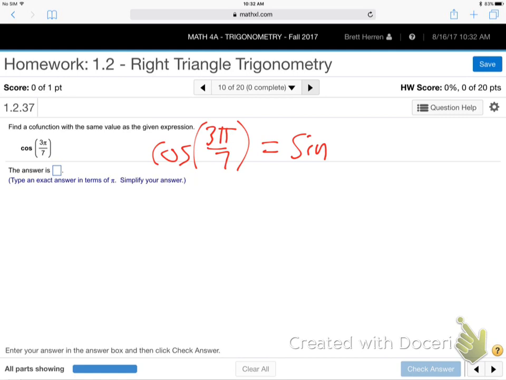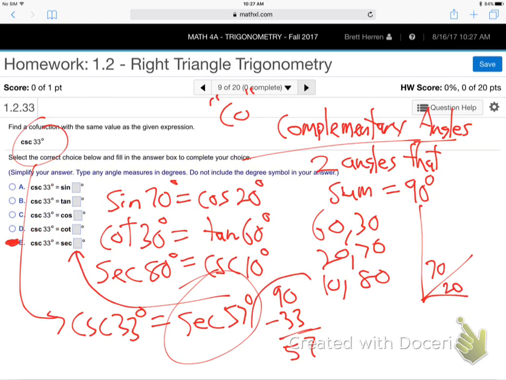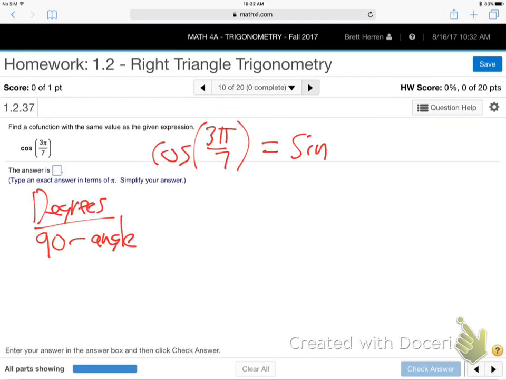Radians are always more difficult, huh? If it was degrees, I would subtract from 90. For degrees, you take 90 minus the angle. That's what we did on the last problem. That way you find what other one will together add up to 90. So what am I going to do for radians?